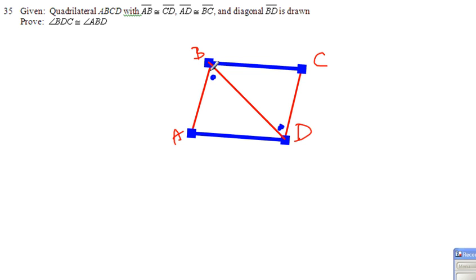If I were to just briefly say it in words, since this is a parallelogram because opposite sides are equal to each other, that means this line must be parallel to this one. Actually, not only that, this red line must be parallel to this red line, cut by a transversal, which creates two congruent alternate interior angles. Therefore, our answer will be done.